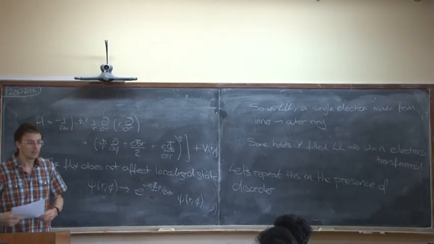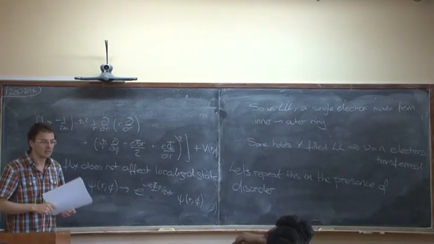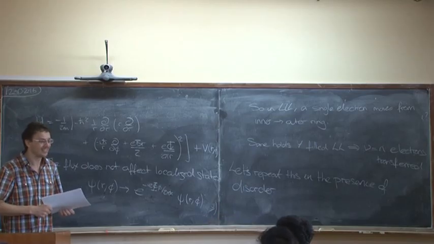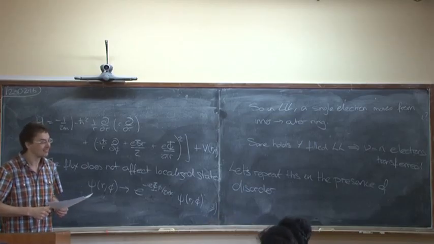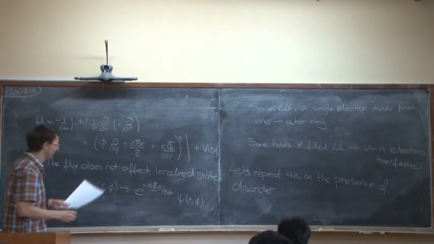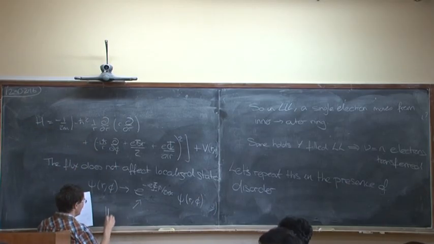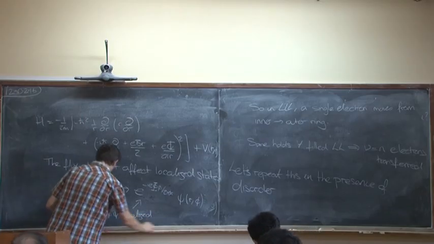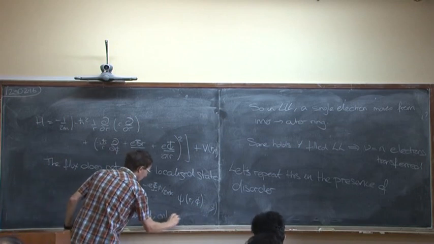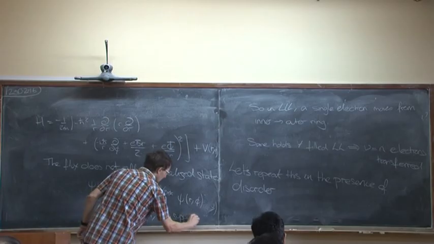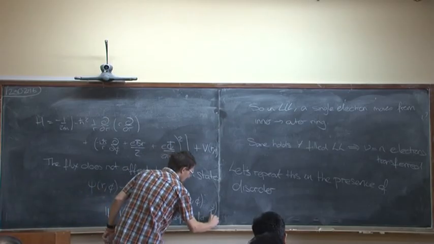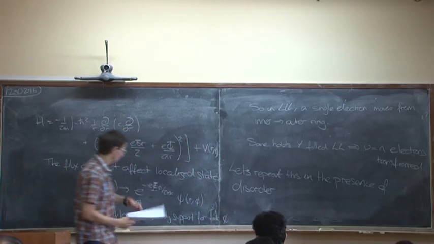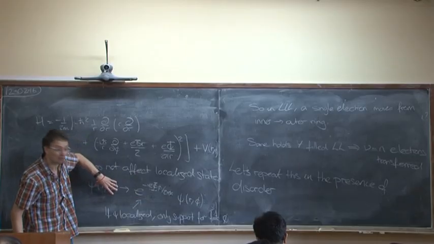So here the localized versus extended doesn't quite have the same meaning of transporting across, because when you're thinking of extended, it's extended along the ring, not transporting across the ring. Okay, so if psi is localized, it's only got support on some finite range of phi. So that's important because then this wave function remains single valued.